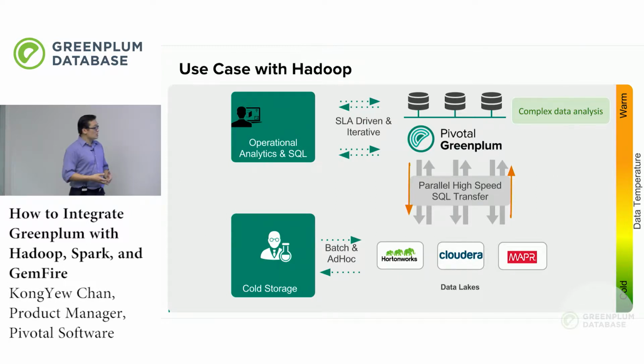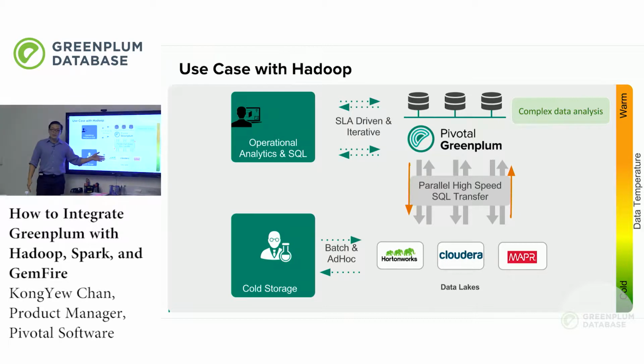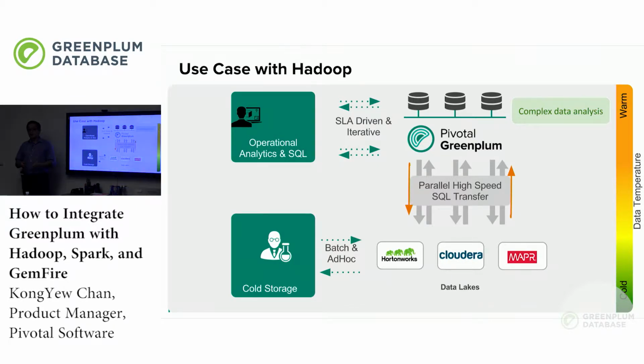But if you want to run analytics on all the data in your data lakes, you probably want to use Greenplum, because Greenplum can run analytics using standard SQL-compliant statements. It can also perform complex queries, providing complex data analysis.